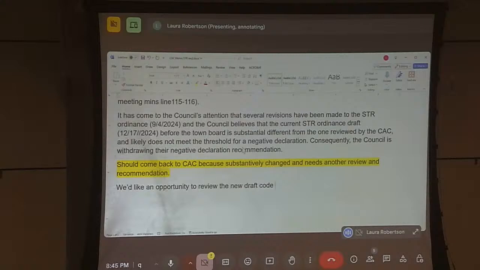But I actually do believe that you have to talk about the process that went through for this ordinance. It wasn't hatched overnight. There was a lot of effort that this board put in. And I think it does the board a disservice.